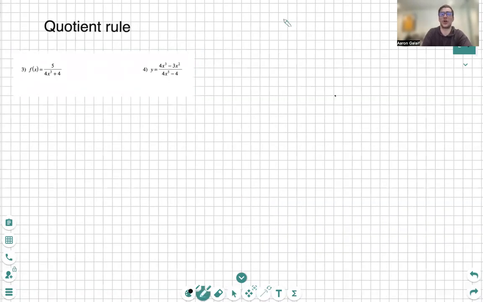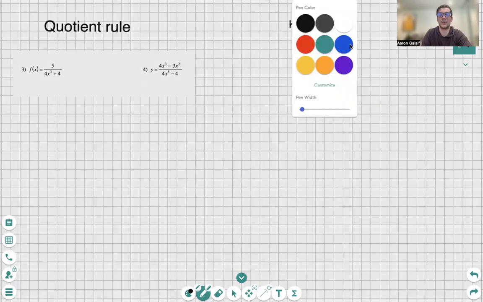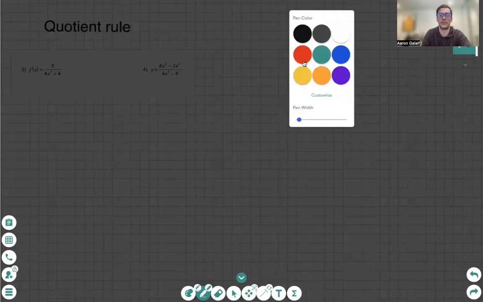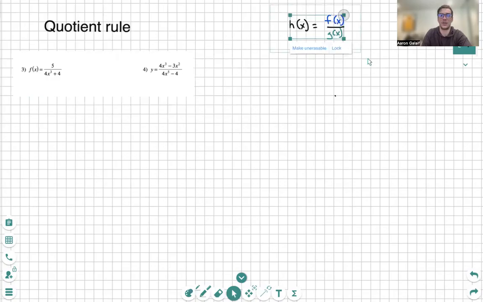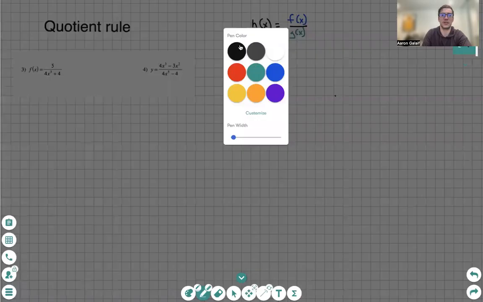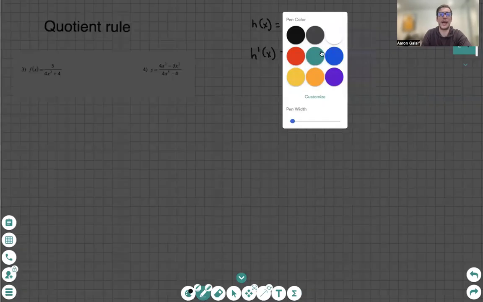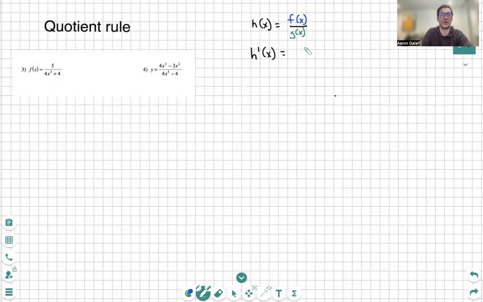So let's just start. In quotient rule, we have our overall function h of x equal to f of x over g of x. In order to derive this, as I derive h prime of x, I derive the numerator and multiply that by the unchanged g of x.